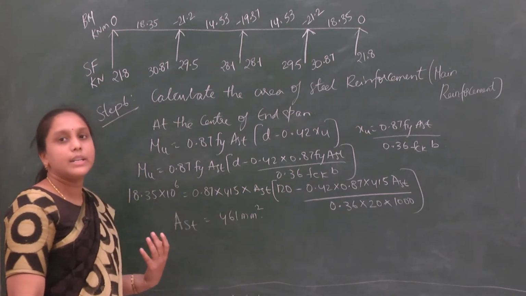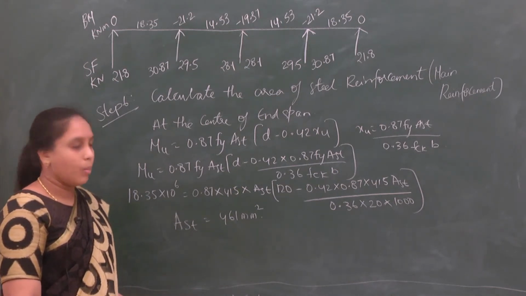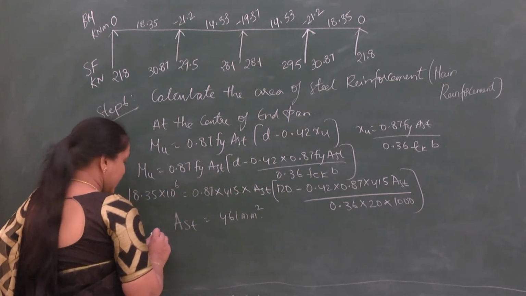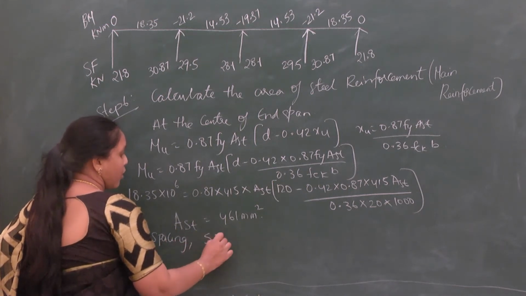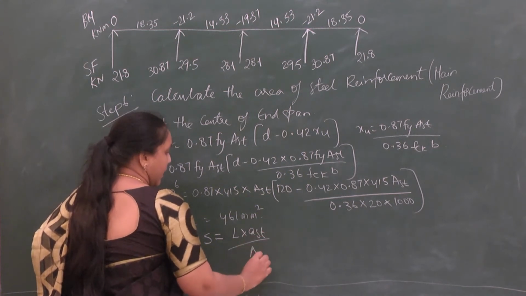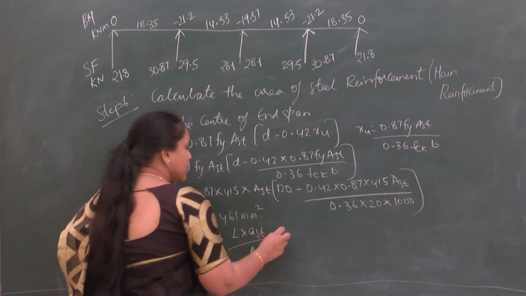So after calculating the area of steel, what do we have to do? We have to calculate the spacing required. So let us calculate the spacing. How can spacing be calculated? Spacing can be calculated by using the formula S is equal to L into small AST divided by capital AST. All these formulas you have learned in your previous sessions already.